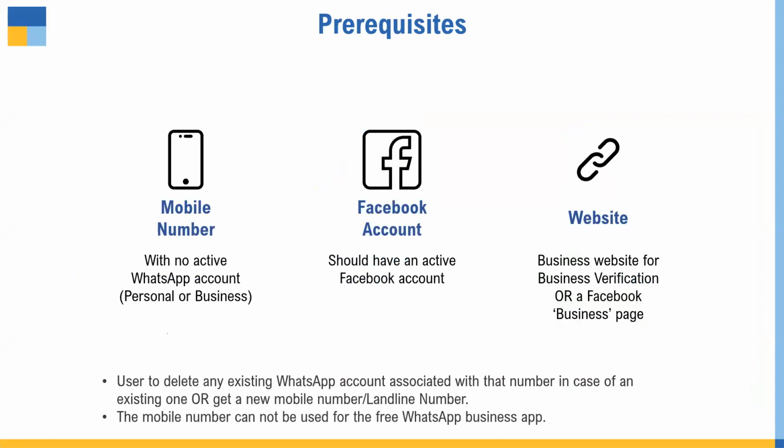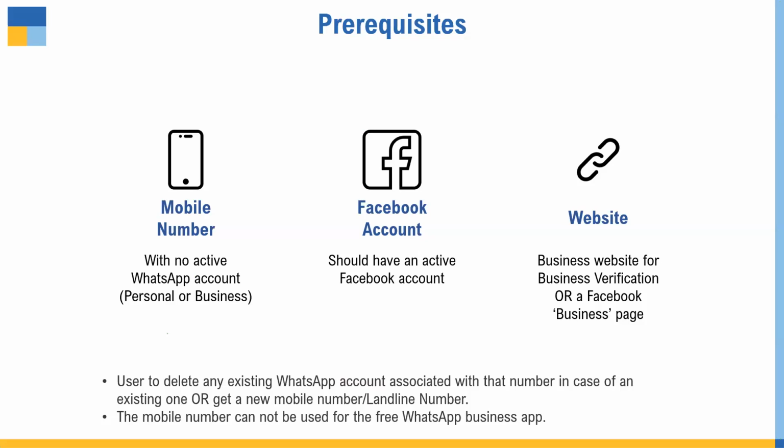There are prerequisites to get the WhatsApp Business Platform. First, most important thing, you should have a contact number or mobile number with no active WhatsApp account as of now. So either you have a number which you have not used on personal or business, that mobile number will be fine.